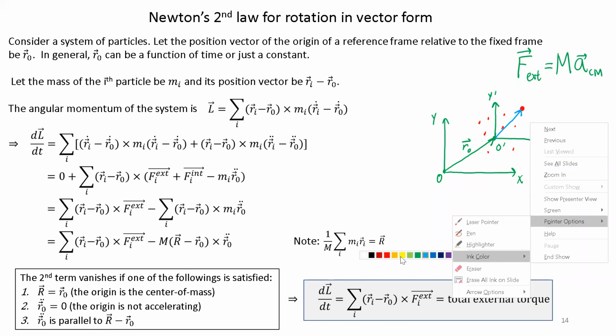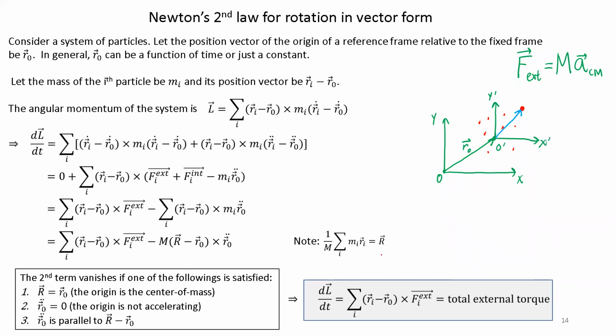And I'm also going to draw another position vector, which is measuring relative to the fixed coordinate system. So this I call Ri.